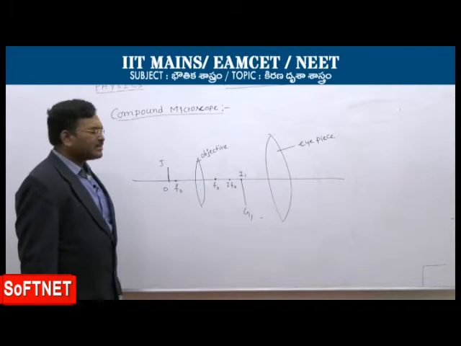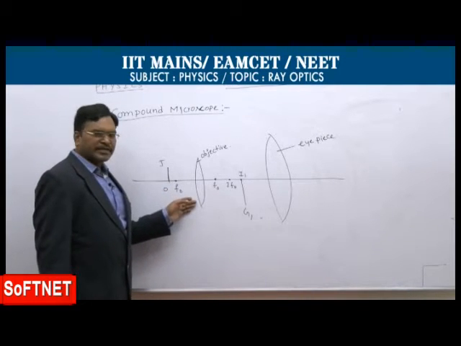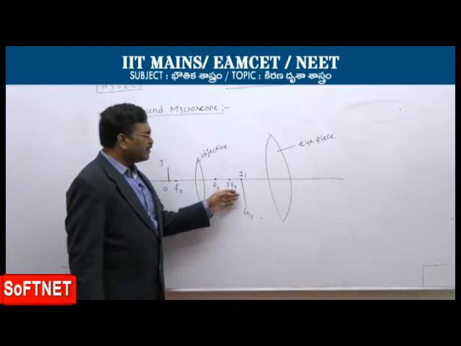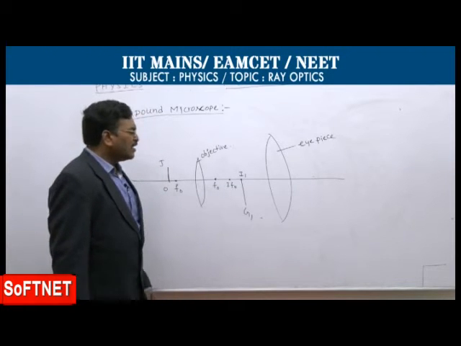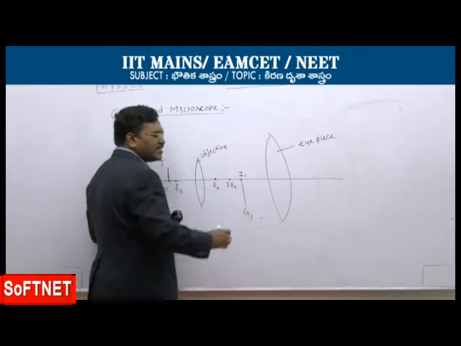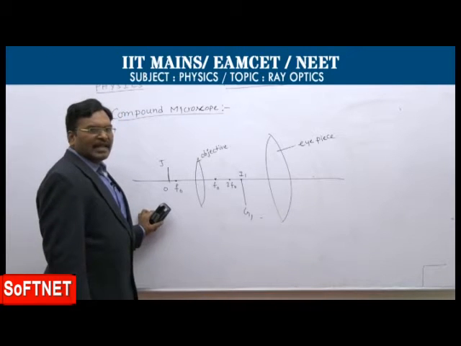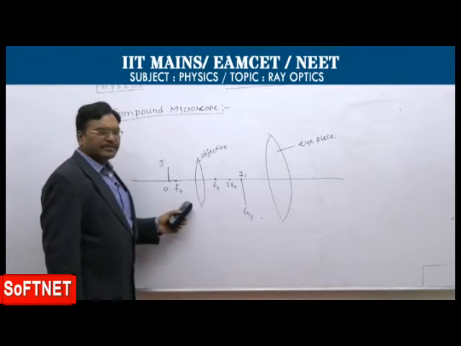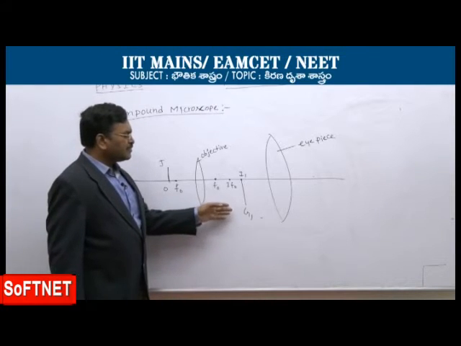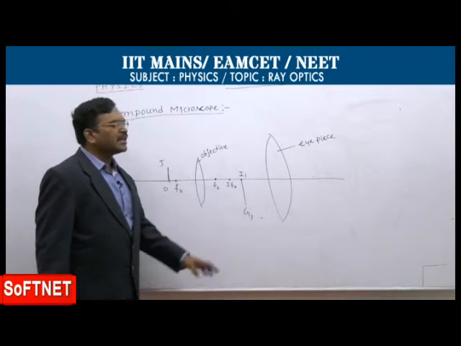Now how does it work? First of all, the object is placed just behind the principal focus of the objective. The objective forms the image I1G1 behind 2f0. This I1G1 acts as the object for the eyepiece. The image formed by the objective acts as the object for the eyepiece.